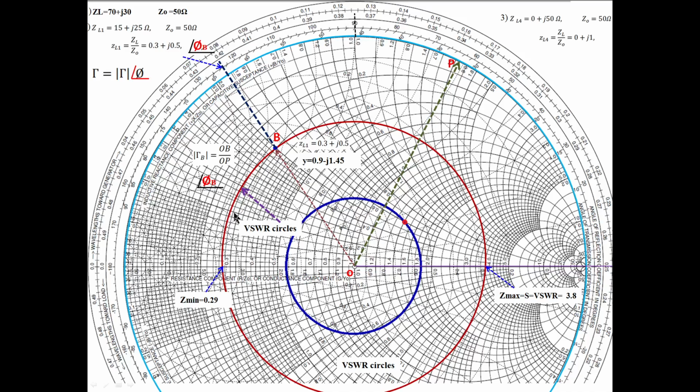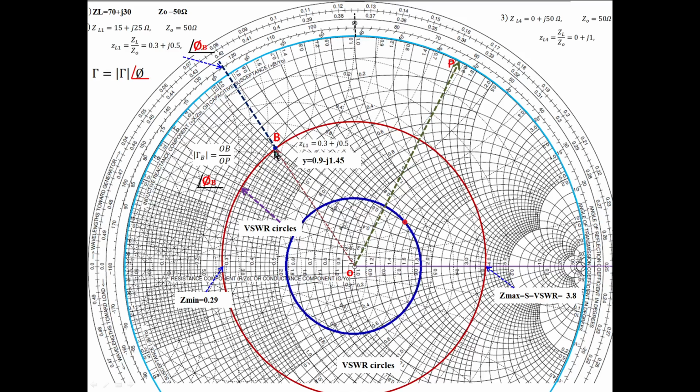This resistance circle intersects with the 0.5 reactance circle, which is written here. They are intersecting here, so I marked here. This is the load point on the Smith chart.